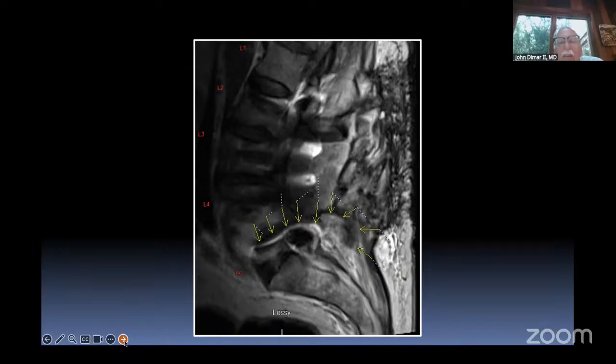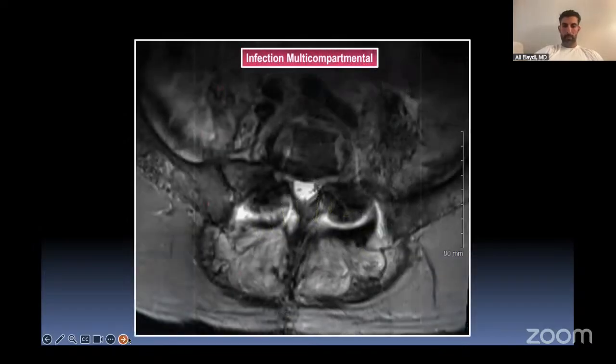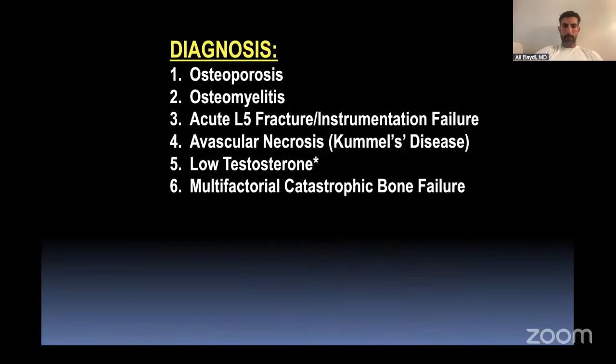Go ahead, Ali. So this is a sagittal image of the MRI showing how the infection is traveling posteriorly. Obviously, multi-compartmental infection. You could see the psoas light up as well. So his diagnosis is osteoporosis, osteomyelitis.